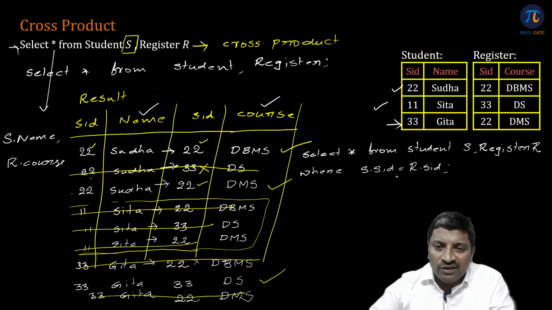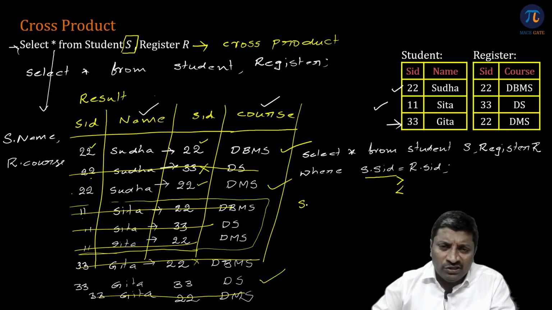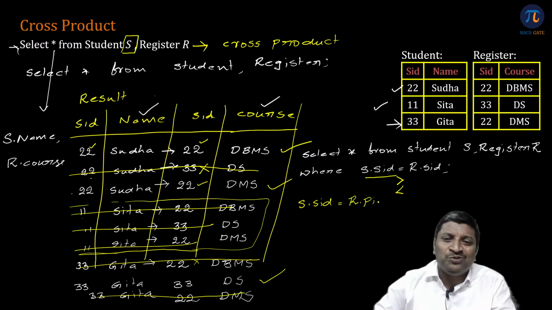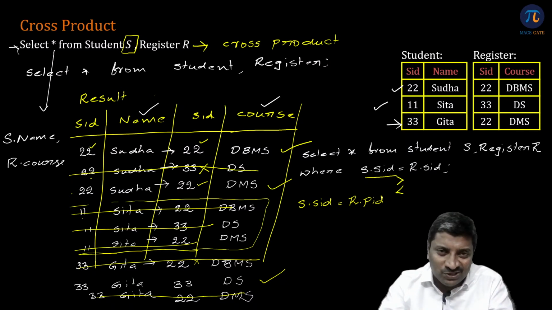Instead of equality, you can specify greater than, less than, any condition. And the condition is not only on the same attribute, sir. You can have anything. S dot sid equal to r dot some PID. Of course, we don't have any PID in this, sir. My intention is we can write the condition on any set of attributes. That is the intention. Hope you understood it.